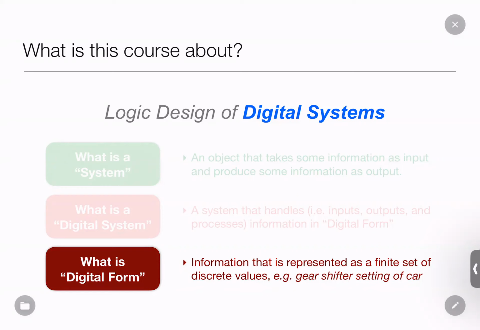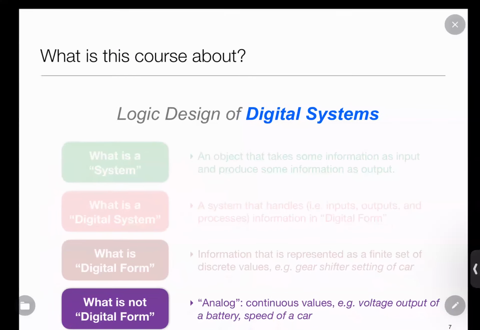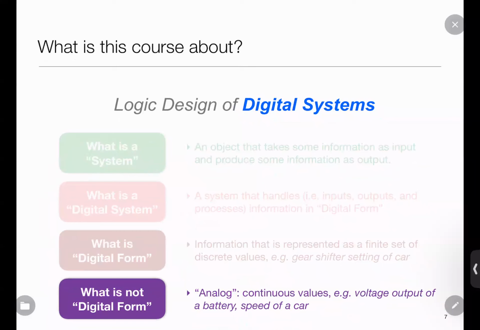But what this finite set of discrete elements is, at a mathematical level, it's just a finite set. Its physical manifestation could take many different forms, and we like to do it electrically in terms of voltages, but it doesn't have to be voltage.